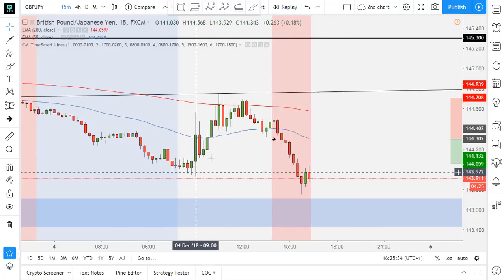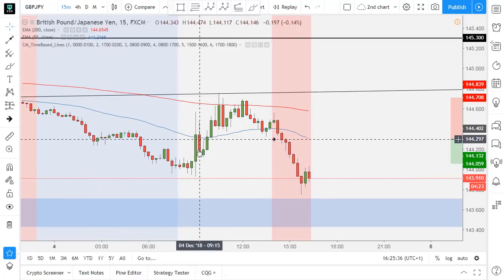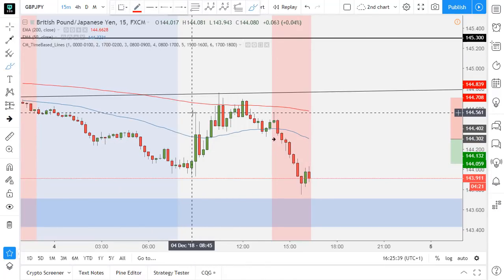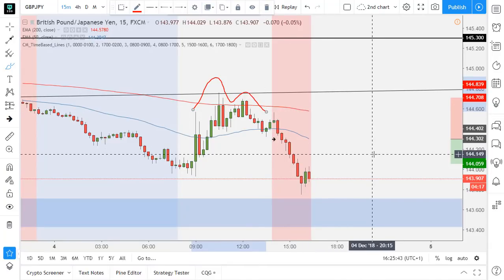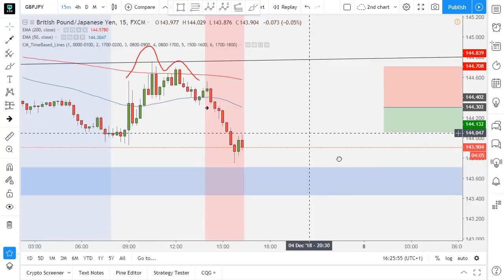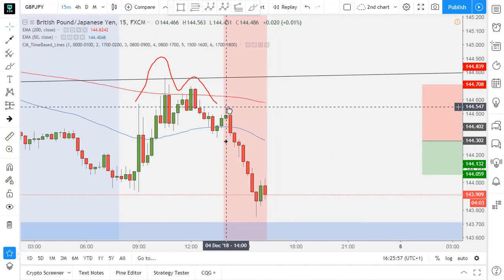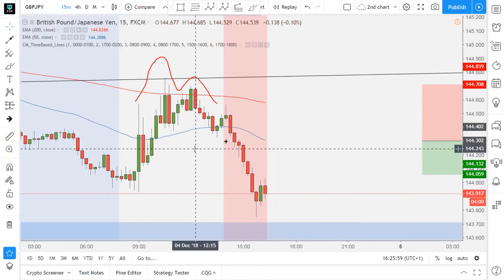This is exactly what happened here. Market went to our 200 EMA and created for us a beautiful, perfect M formation. This is exactly how a perfect textbook M formation looks like. And from then we waited until the open of the New York session.